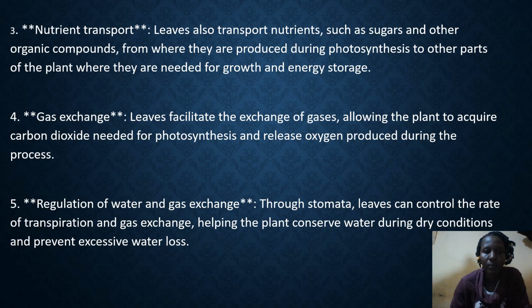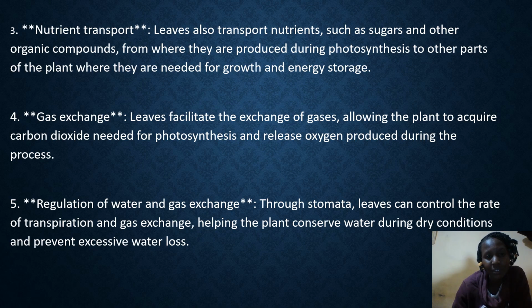Nutrient transport. Leaves also transport nutrients such as sugars and other organic compounds from where they are produced during photosynthesis to other parts of the plant where they are needed for growth and energy storage.